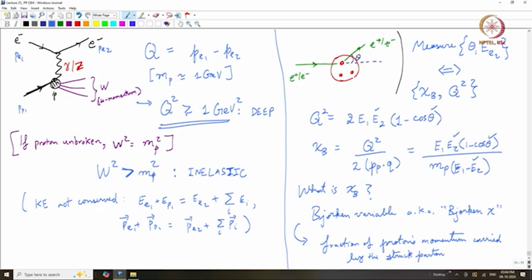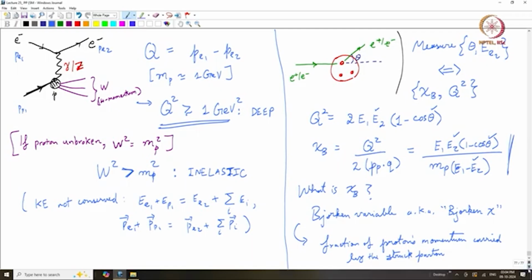Okay, what do you mean struck parton? So, in this picture an electron comes and strikes a parton inside. These three blobs are the partons. So, I am claiming that this xb measures the fraction of the momentum of the proton itself carried by one of these partons inside, the parton that you actually hit with your electron.